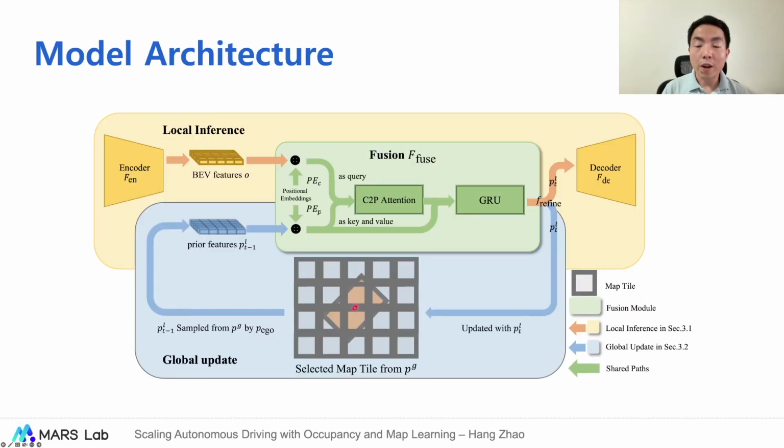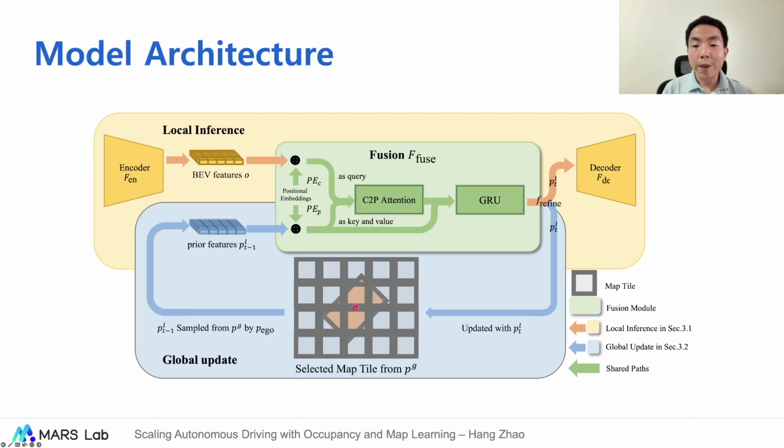Here's the overall architecture of the model. It contains 3 parts. First, the yellow part is a local inference module, which can be any online map model like HDMapNet or VectorMapNet. It has an encoder and decoder structure.